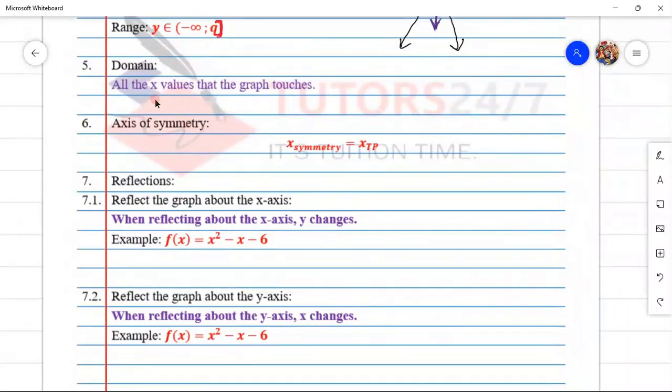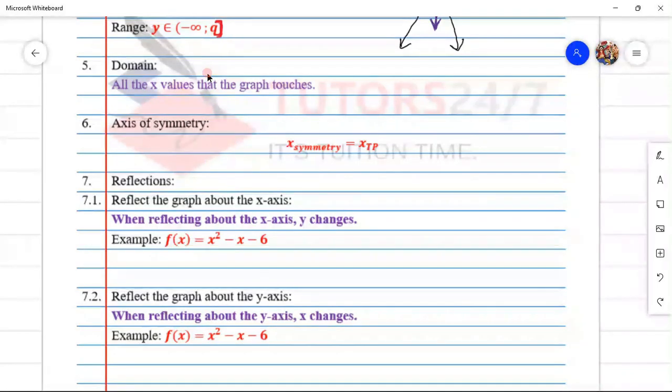Now, if we are dealing with domain, which is point 5, we know that the domain is all the x values that the graph touches. When we're dealing with a normal unrestricted parabolic function, the domain is just from negative infinity to positive infinity, or you can also say x an element of real numbers.